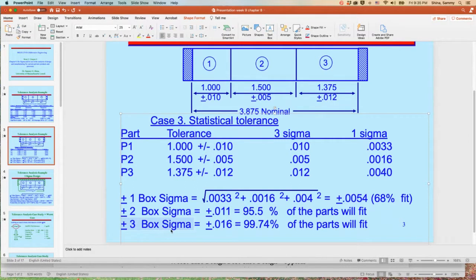You can take the specification as is, and that'll work for every sigma because the math is the same. So instead of saying, well, this is 3 sigma, we have to divide by 3, add up the sigmas in the root mean square, get the sigma of the system, then multiply by 3 again, you can just take the tolerance as is, and that would work for any sigma design.